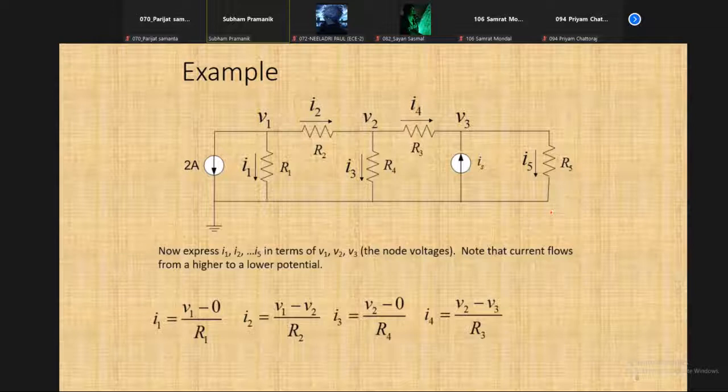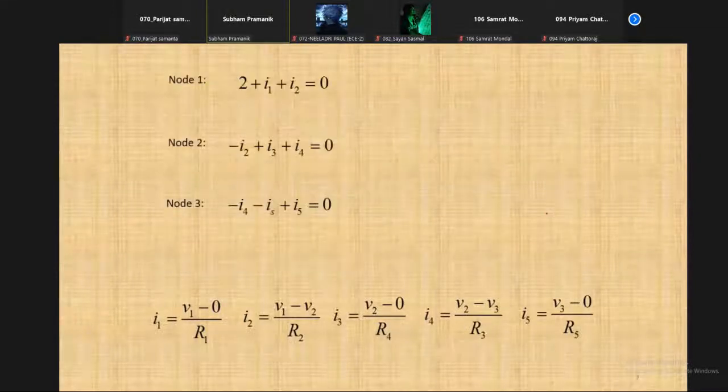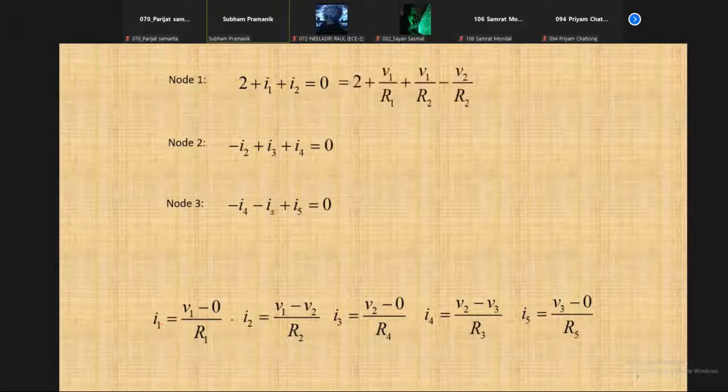Very well known things. So then we write the node equations, then we convert this into voltage by resistance form in this way. As you can see here, I just replaced those values of I1, I2 here, and then we got this equation. For node 2 also, this kind of equation can be obtained. For node 3 also, this kind of equation can be obtained.